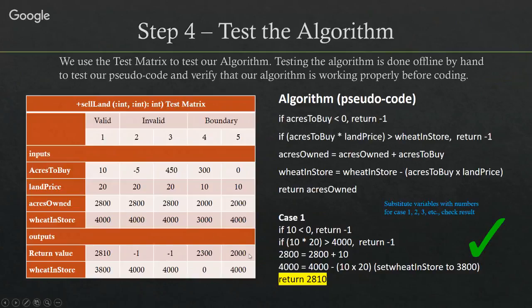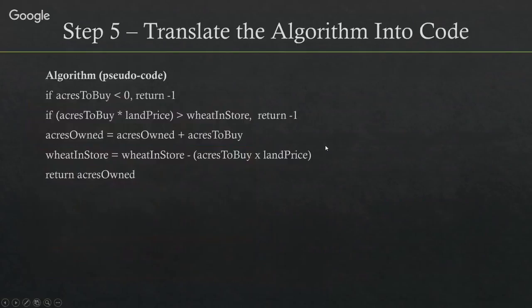And wheat in store, 4,000. If we run all of that on paper and get out our calculator, we have a return value of 2,810, and that's exactly what we're showing here. So in that case, our algorithm works. We then do the same thing for our invalid and our boundary test cases.